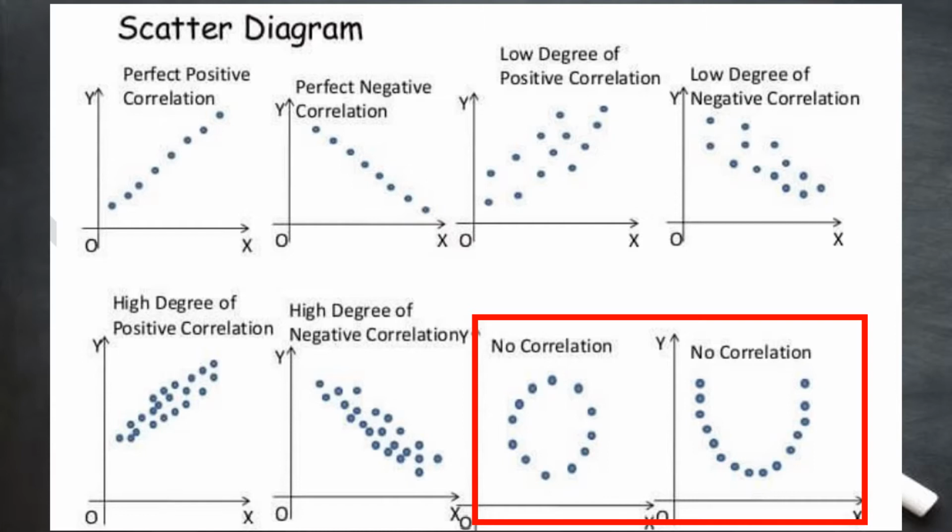Next is the diagram on the lower right. We have the diagram for the no correlation. Why do we refer to it as no correlation? Because as you can see, the points have no direction at all. They just form some shapes like O or U, or sometimes the points are really scattered and you cannot form any direction at all.